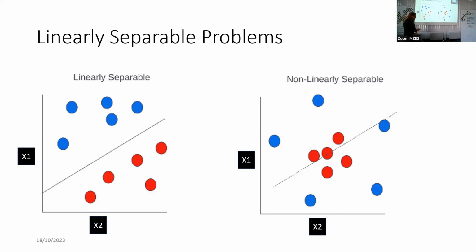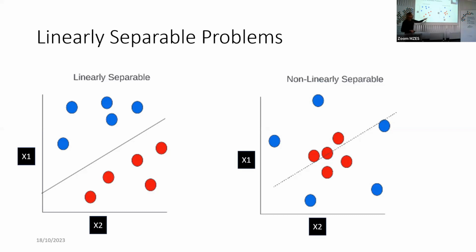So I want to get across the idea that what makes a non-linearly separable problem is that each one of these features doesn't just have one effect, okay? So over here in our linearly separable problem, the more of x2 you have, the more likely it is that you've got a blue dot. The more of x1 you've got, the more likely it is that you've got a blue dot, okay?